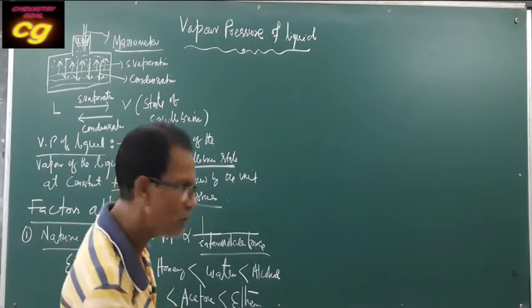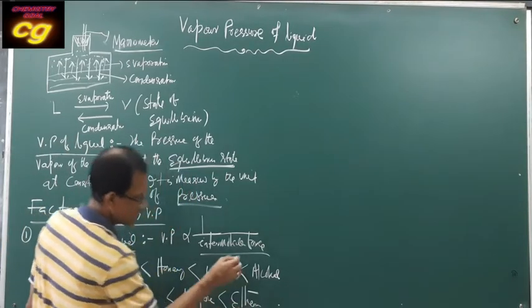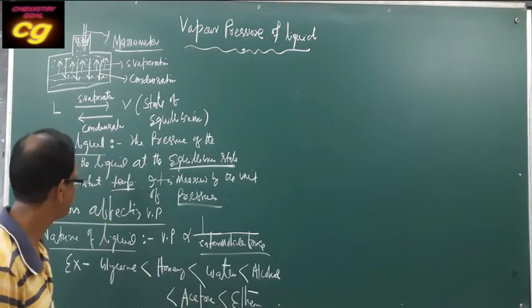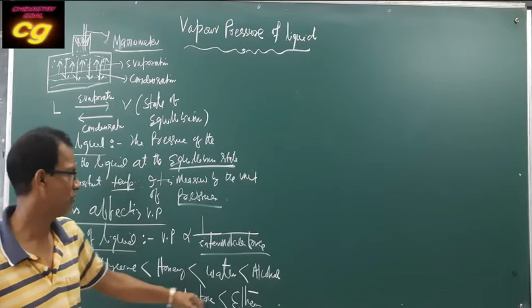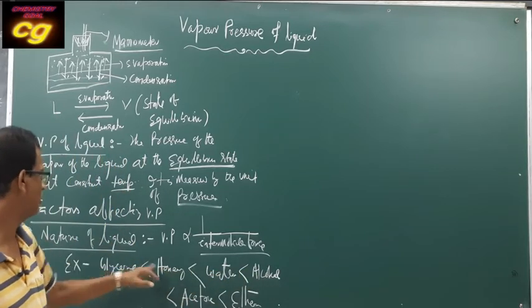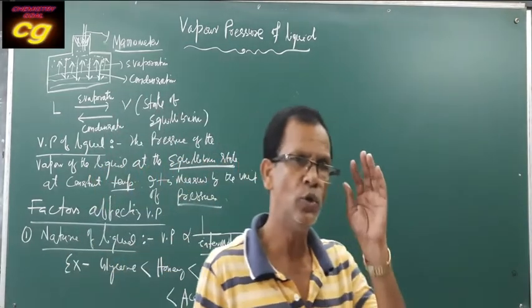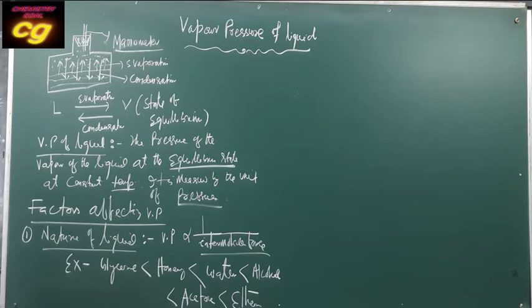If you see the intermolecular force of ether, it is very low. So what happens? High vapor pressure. Then acetone, then alcohol, then water, then honey, glycerin, like this. So the more the intermolecular force, the lower the vapor pressure. So the nature of liquid also affects the vapor pressure of the liquid.